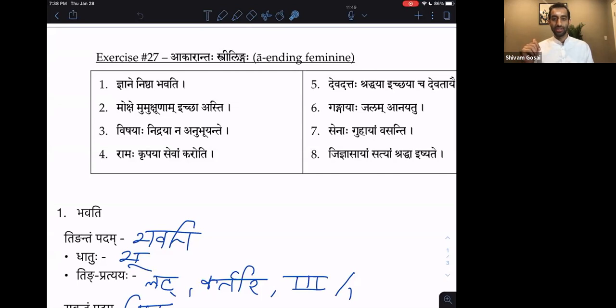With what? Kripaya. So this is pratipadika kripa, meaning mercy. That's an akaranta feminine. So first we have to catch the pratipadika, then the vibhakti. Vibhakti is tritiya vibhakti, ekavachanam, 3-1.